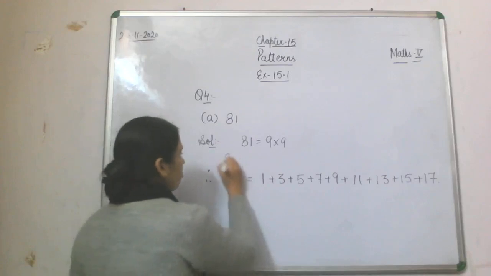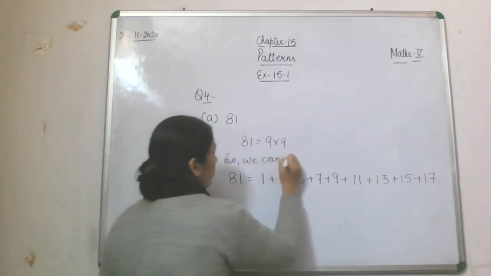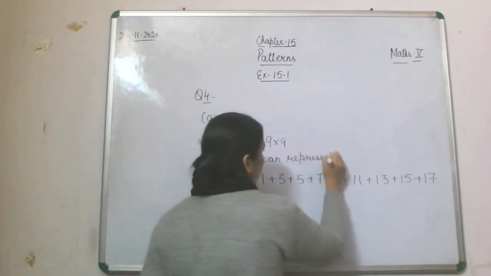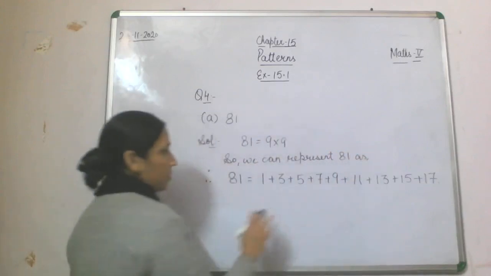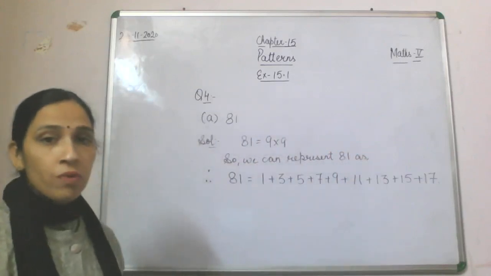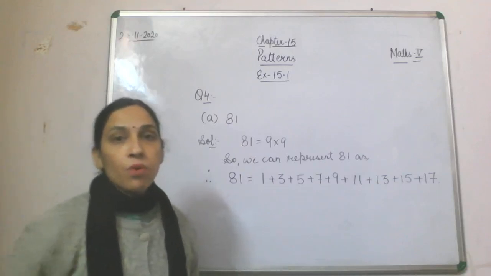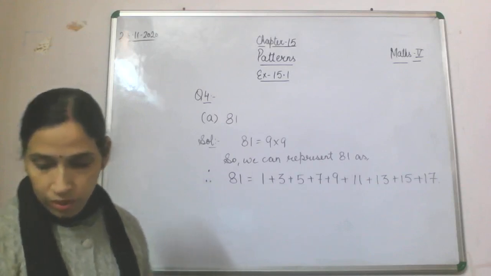So we can represent 81 as this, the sum of the first 9 consecutive odd numbers. So that is your question number 4.